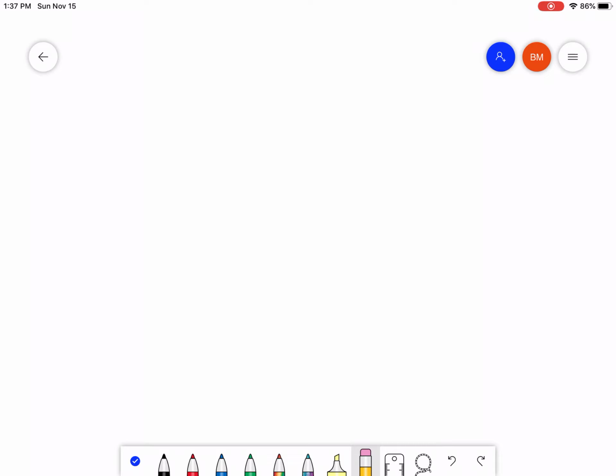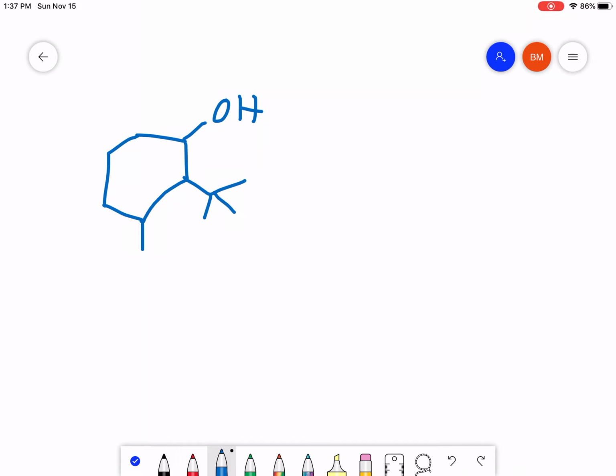Let's try a ring. Let's try a cyclic alcohol. Let's try one like this. Now, the rules are basically the same here. Instead of looking for the longest carbon chain with an alcohol group, you're looking for the ring that includes the alcohol. So this is cyclohexane, but since it has an alcohol group, it wouldn't be cyclohexane, it'd be cyclohexanol.